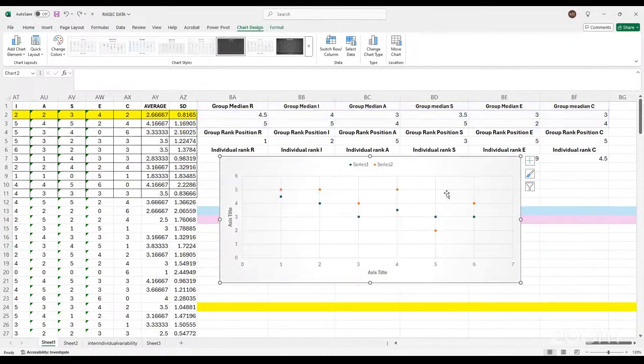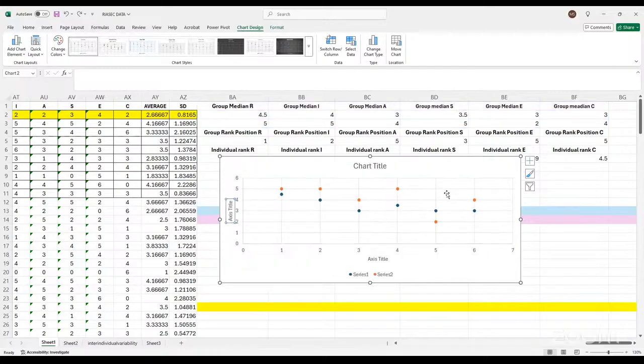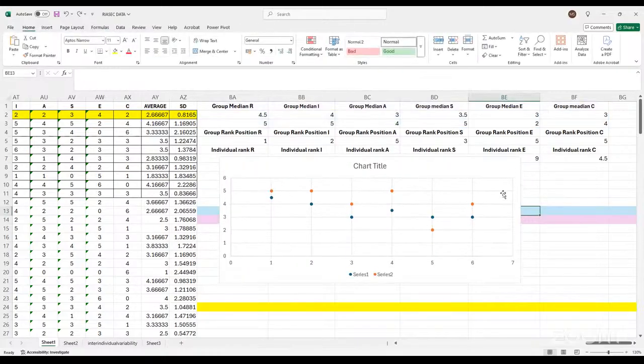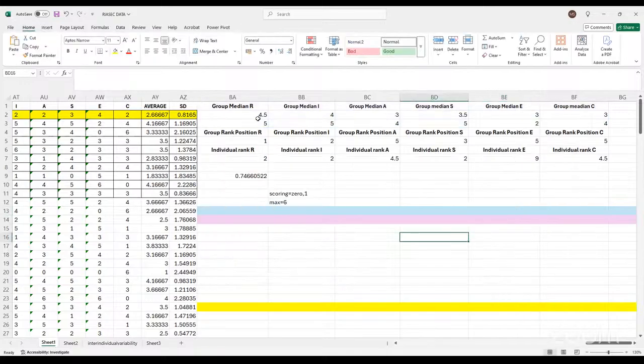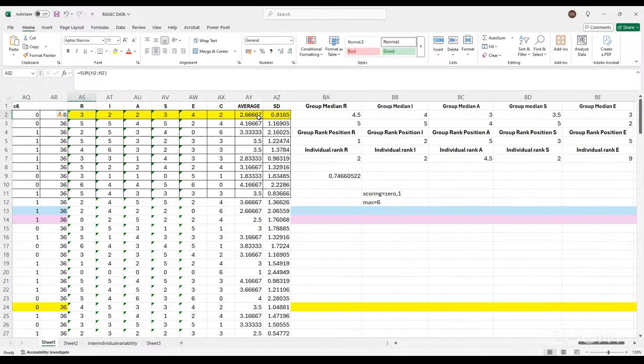So with their data, what do they have to do now? Many students have collected the data. They will do the same thing, that is the individual and the group. Another is the intra-individual, another is the intra-group variability.